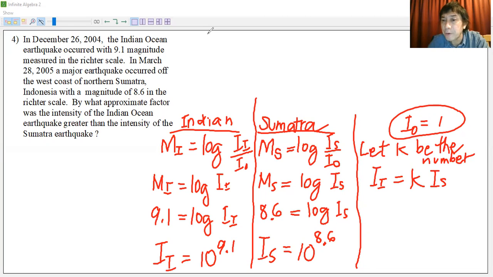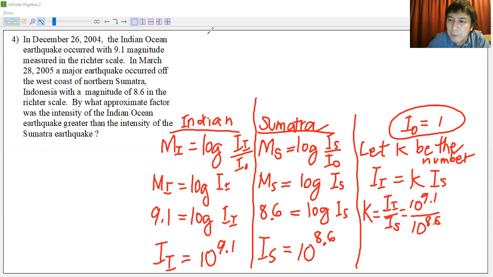And so solving for k, it's II divided by IS. II divided by IS is the required number. So II is 10 raised to 9.1 divided by IS, 10 raised to 8.6.